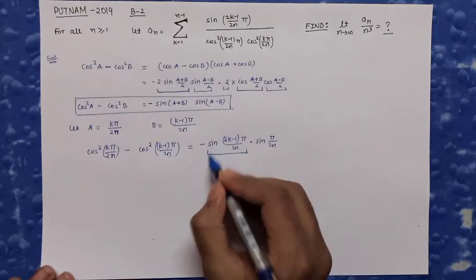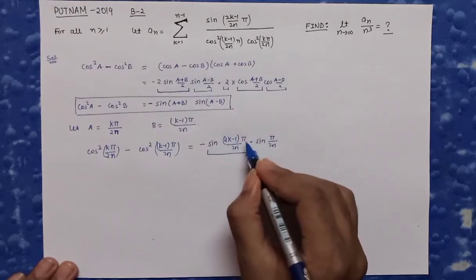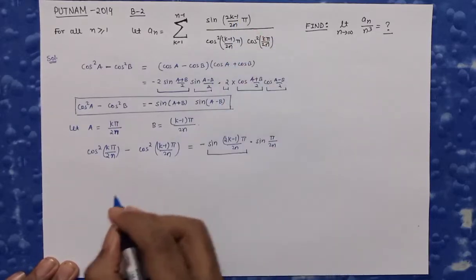So let's substitute the value of sin((2k minus 1) pi by 2n) in the numerator of a_n.